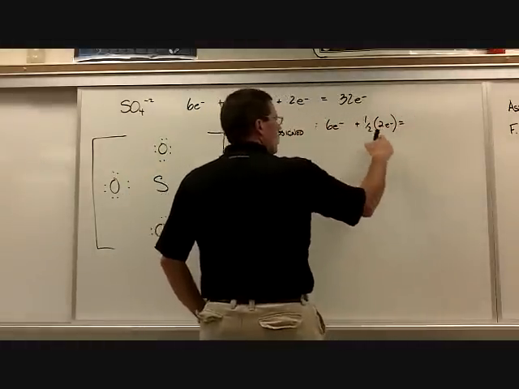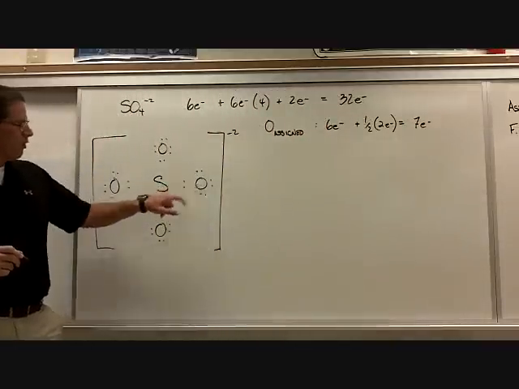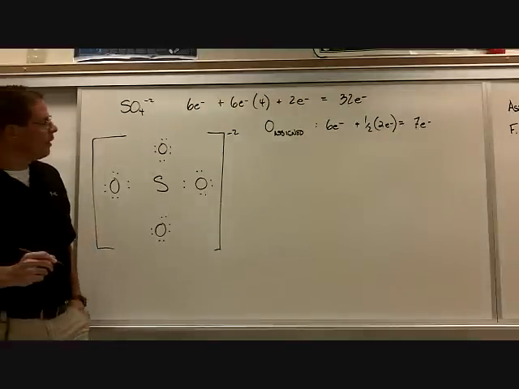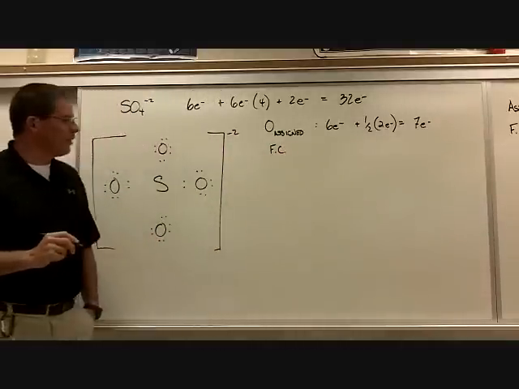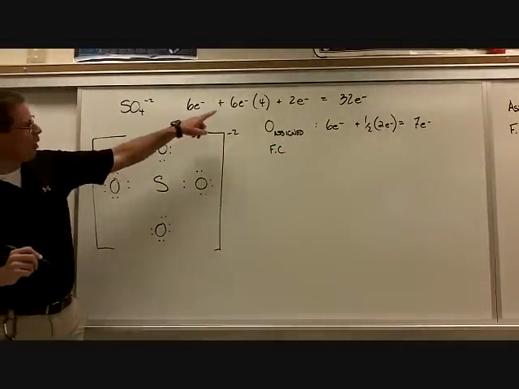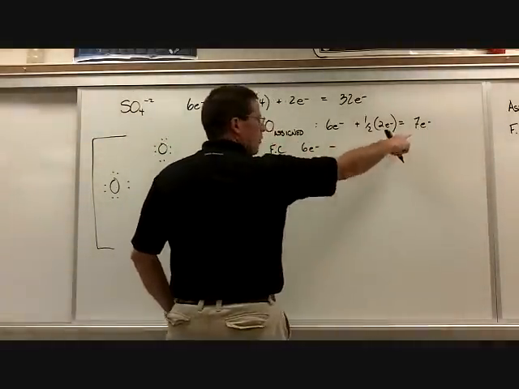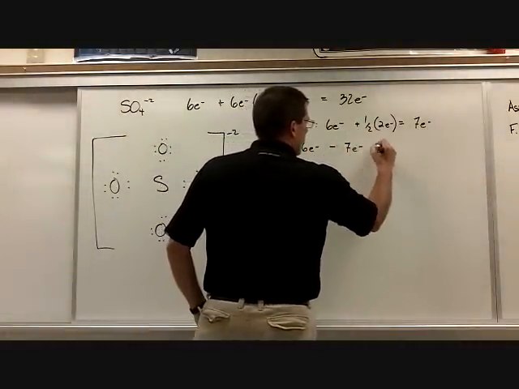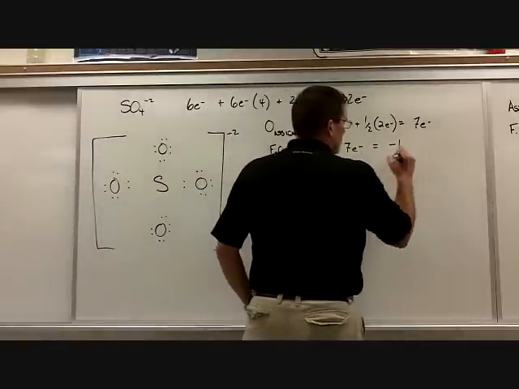So that'll give us a total of 7 electrons assigned to this single bonded oxygen. Now to do the formal charge here, how many valence electrons did oxygen bring to the party? 6. And we'll subtract that from our assigned value, which gives us a value of -1.